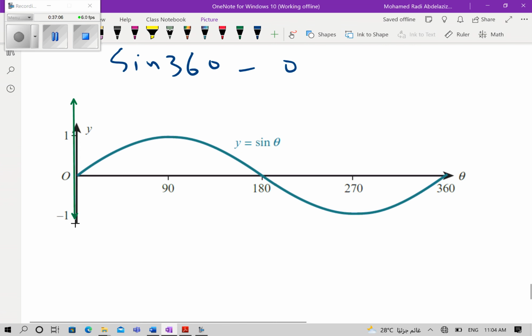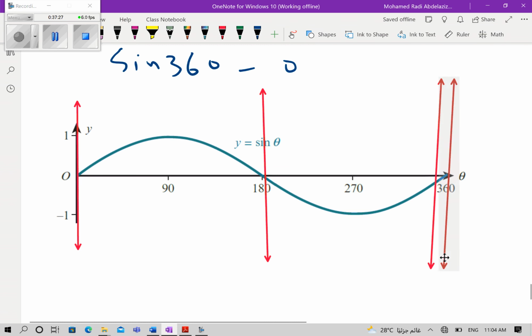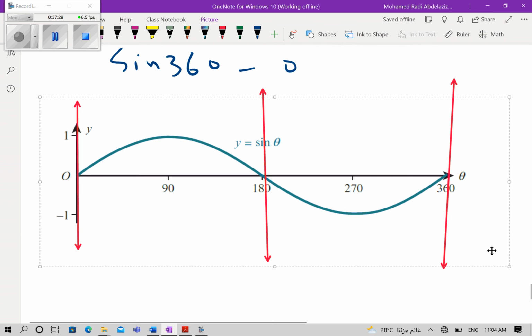At 0, the reciprocal of 0 is undefined. What else? At 180. What else? Clear?